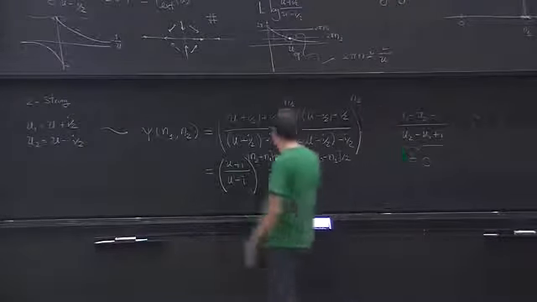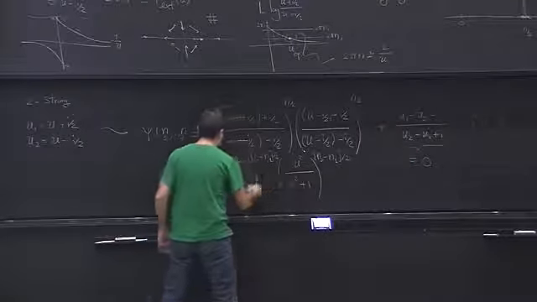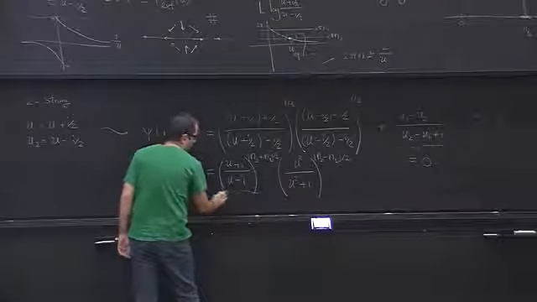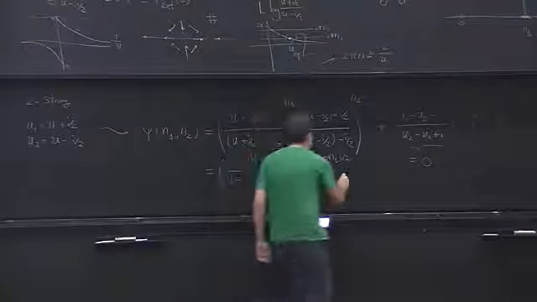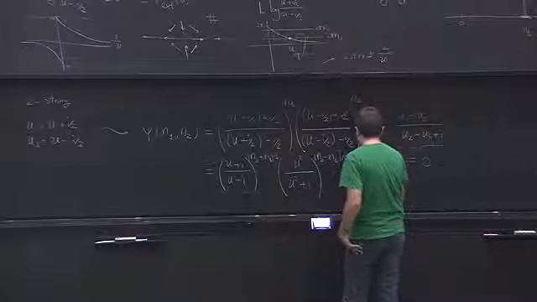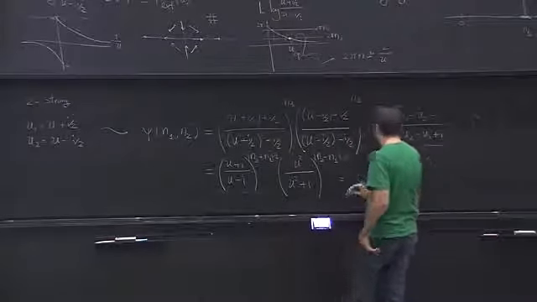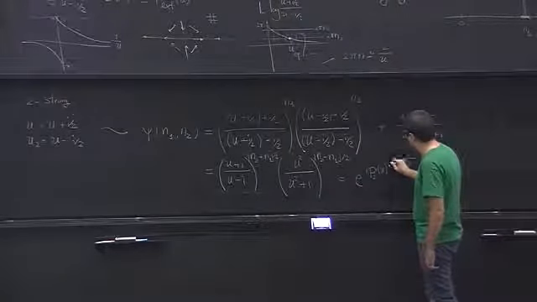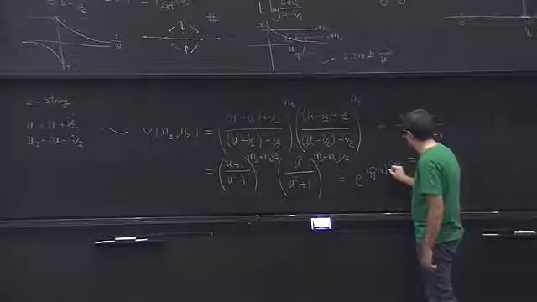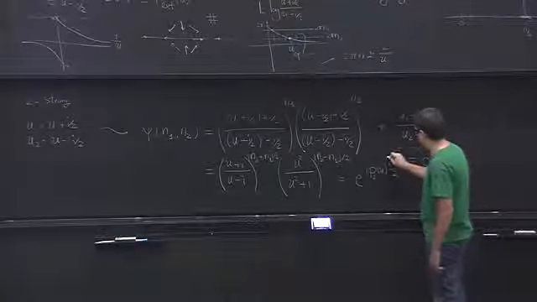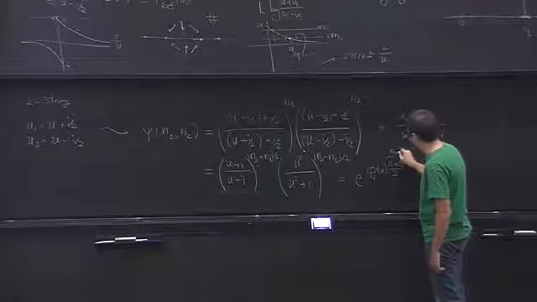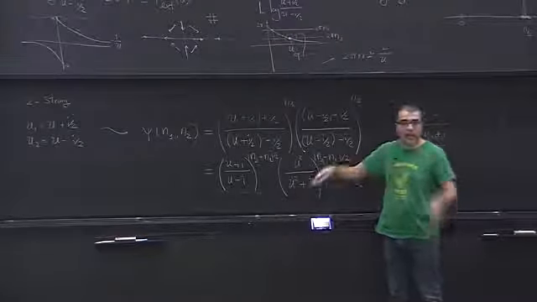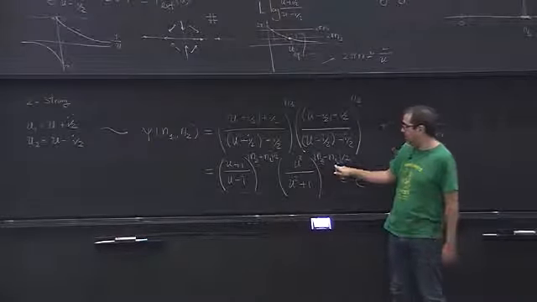And now this has a very clear meaning. So what do we have here? Here we have an exponent. This part is just a phase. So this is just equal to e to the i p2 of U times the center of mass position, n1 plus n2 over 2, which is just n of the center of mass, times a factor that is between 0 and 1, so it's smaller than 1, and remember that n2 is bigger than n1.